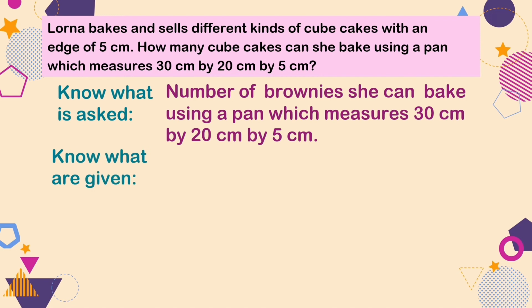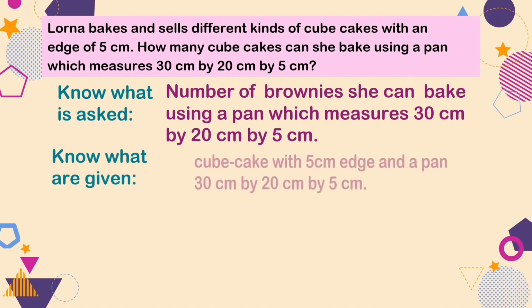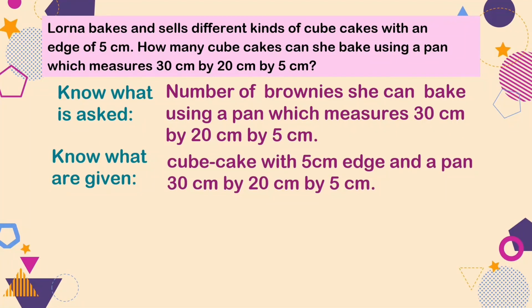So, for the given, we have a cube cake with a 5 cm edge and a pan of 30 cm by 20 cm by 5 cm. Now, how are we going to solve this?